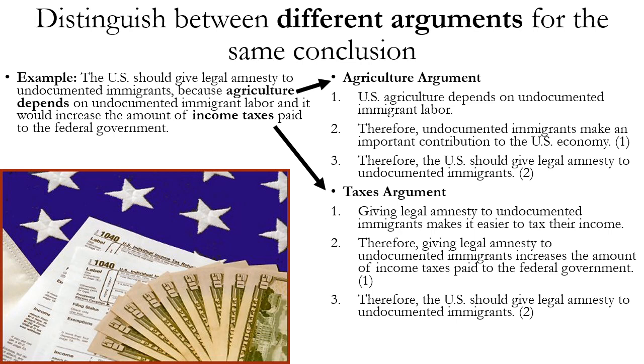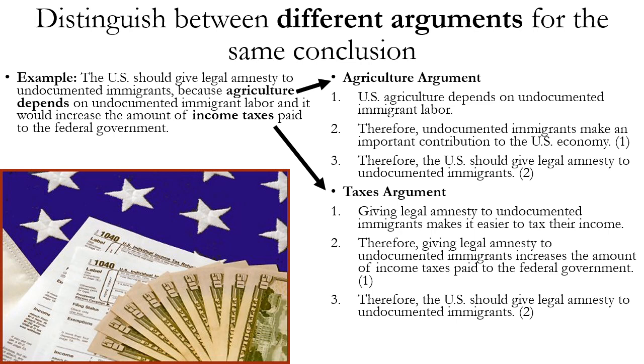We're looking at arguments for all the various positions on that issue. We need to be able to untangle different arguments for the same position. The main reason for this is because even if one of those arguments fails, the other argument could be successful. So if we jumble those arguments together, we're not going to notice the logical differences between those two arguments.